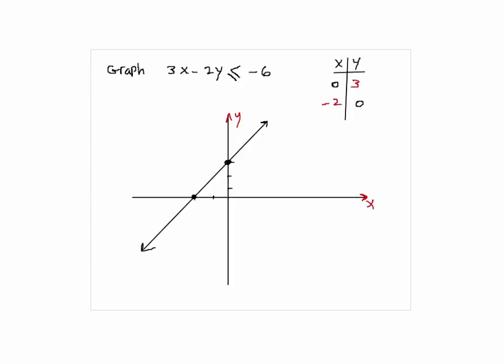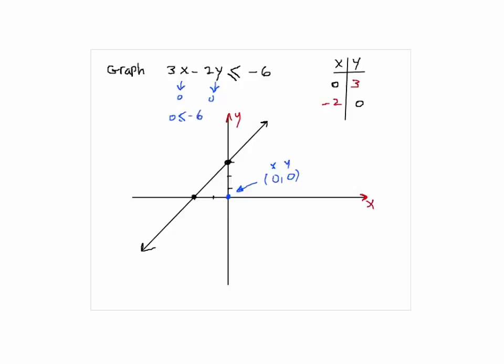The best test point would be the origin, this point here. I want to check if this is a solution. If I substitute 0 for each x and 0 for each y here, then I would get 0 minus 0, 0 is less than or equal to negative 6.